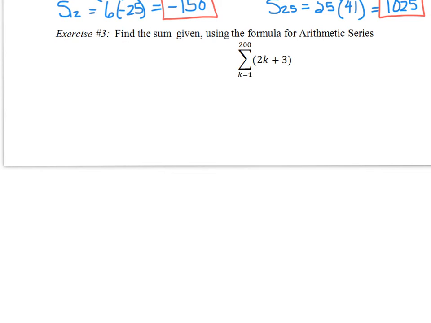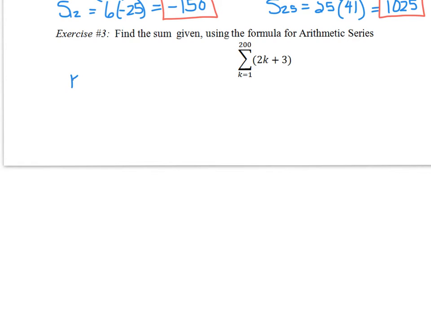Now let's take a look at what happens when we combine our sigma idea from the last lesson with our arithmetic series idea, because sigma really just means I'm adding my terms together. So first of all, it's going to be important for us to figure out what our terms are, how many terms I have, and make sure that I have arithmetic.